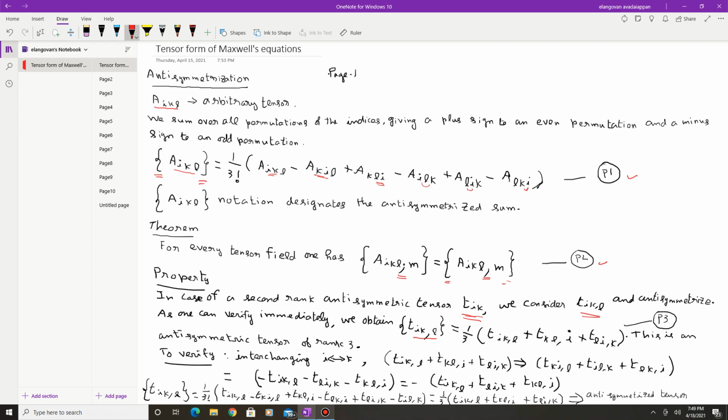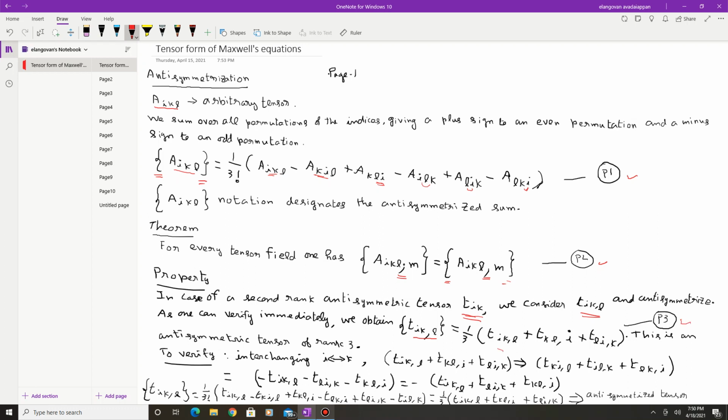This is equal to 1 by 3 of T_ik comma l, the normal derivative, plus T_kl comma i, again the normal derivative with respect to coordinate x^i, plus T_li comma k, the normal derivative of T_li with respect to coordinate x^k. This is property P3.